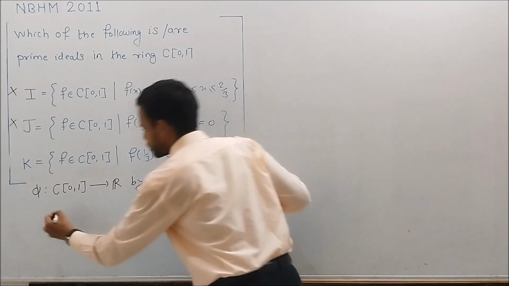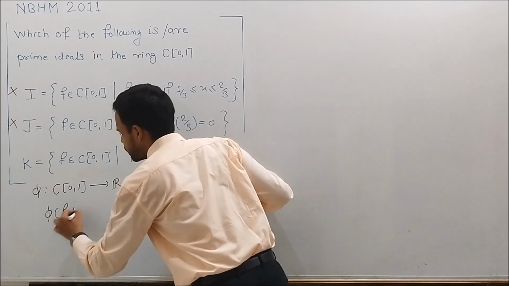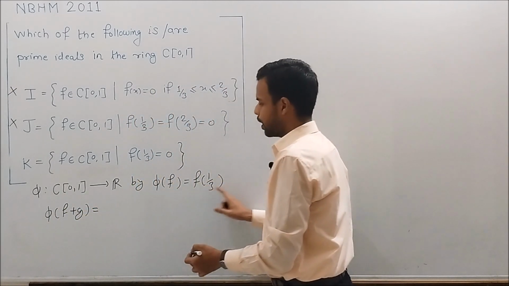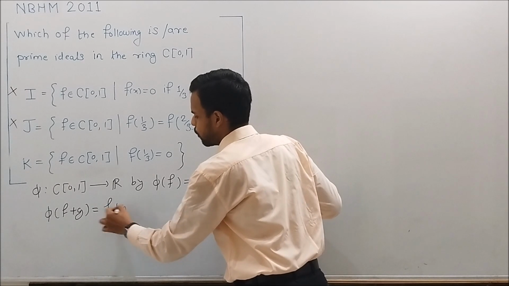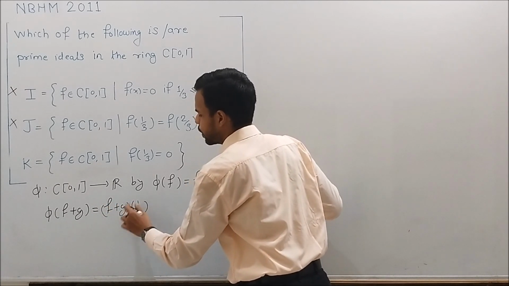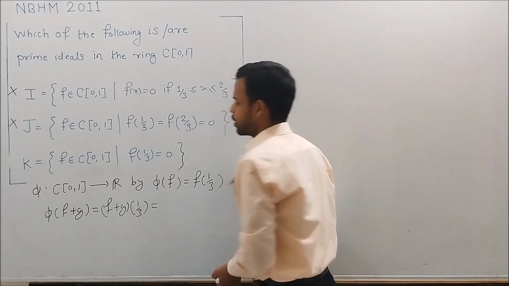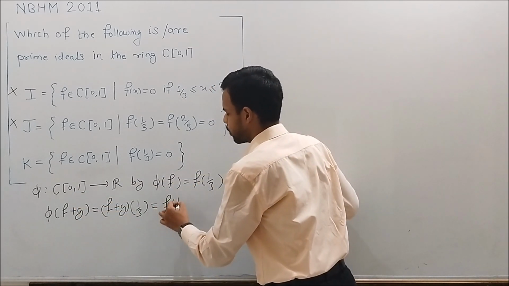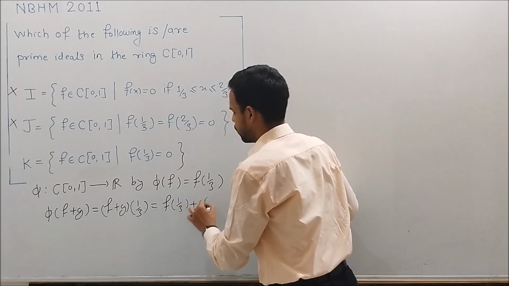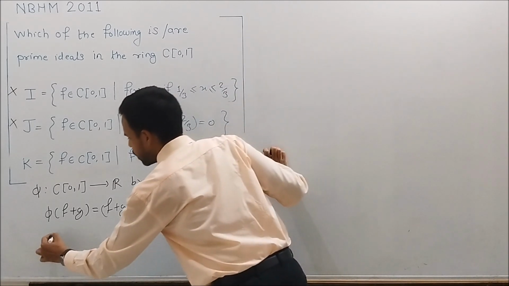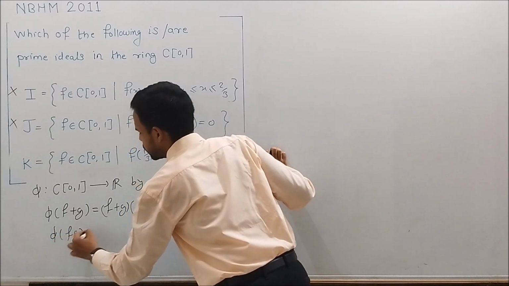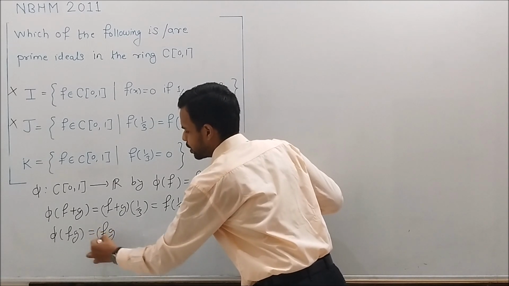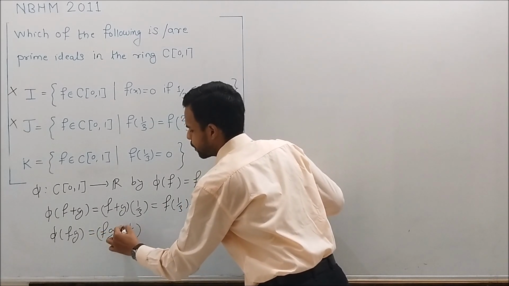To see this, consider phi(f + g), where f and g are elements of this ring. By definition of phi, this equals (f + g)(1/3). By definition of addition in this ring, this is nothing but f(1/3) + g(1/3). And phi(fg) equals fg(1/3).